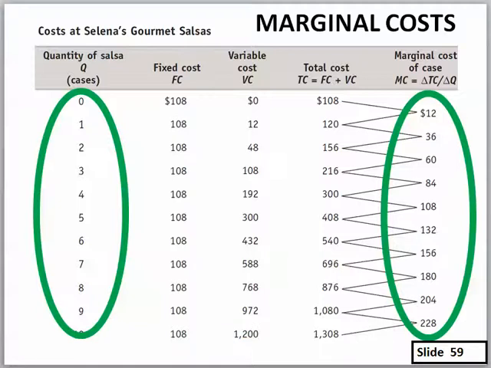So just remember that in case you get a situation where you're dealing with a change of 100 or 1,000 or whatever, instead of a single change of 1. Okay, moving on.